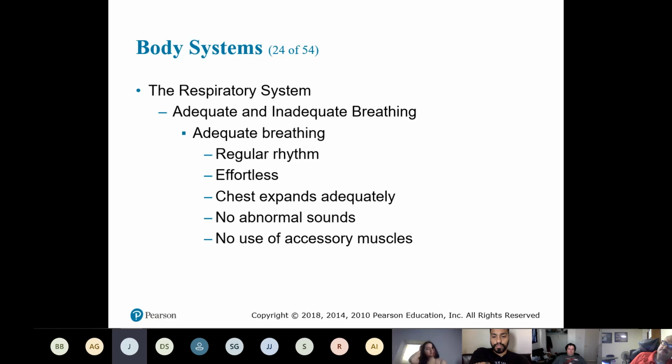Nose flare, if you notice it. Normal breathing is effortless. Chest rising, normal rise and fall of the chest.